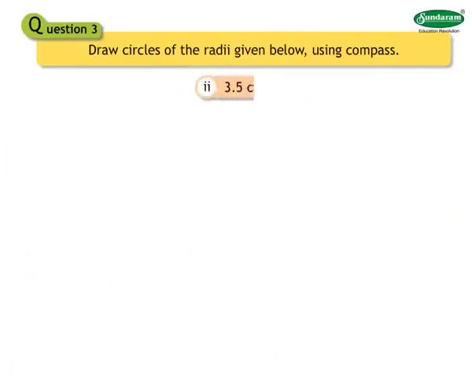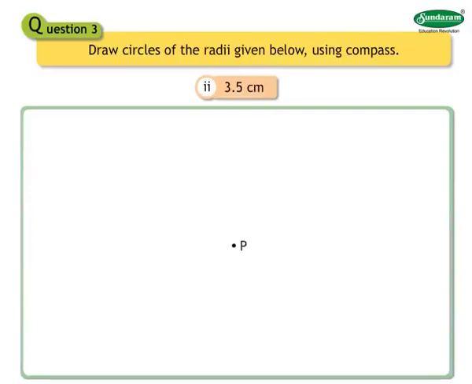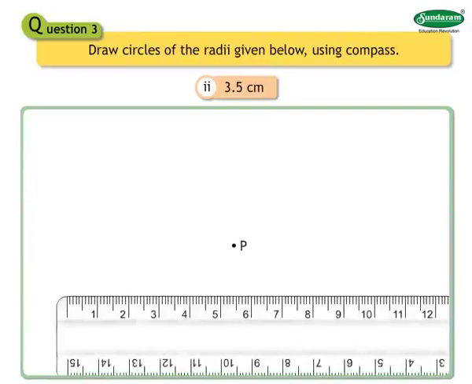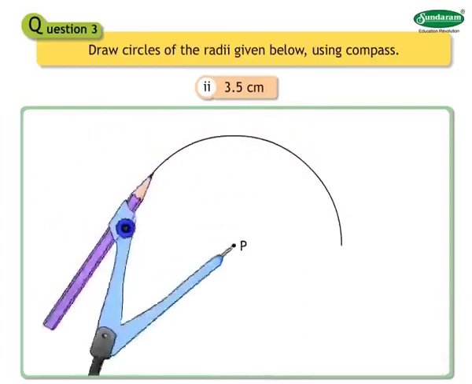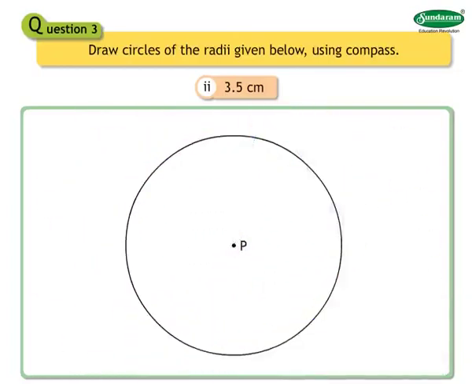Number 2. 3.5 centimeters. Draw a point P on the center of the page. Place the compass on point P and taking a distance of 3.5 centimeters, draw a circle around point P. This is the required circle with center P and the radius 3.5 centimeters.